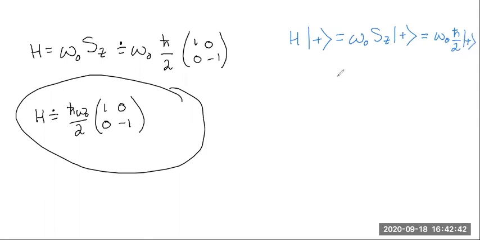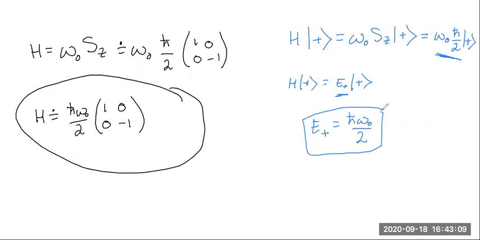Remember that if H is acting on a state, it's going to give you the energy, which I'm going to call E plus, the energy associated with the spin up state, times that state back. So I can look at these two equations and say E plus must be equal to h bar omega naught over 2, which is really nice.